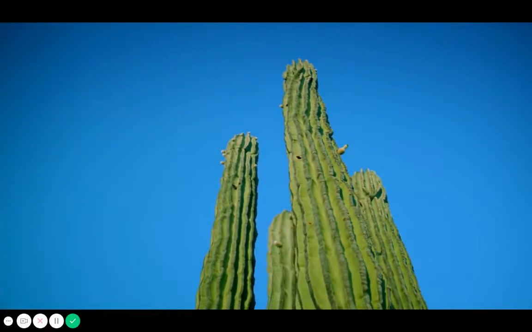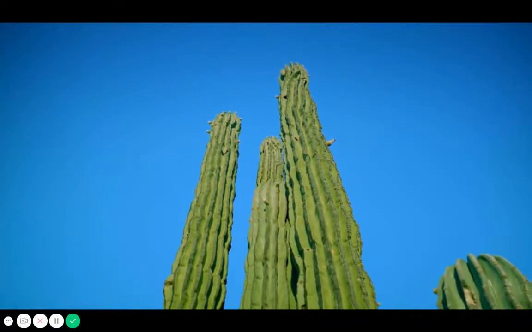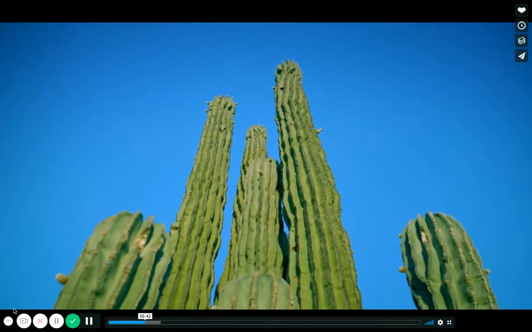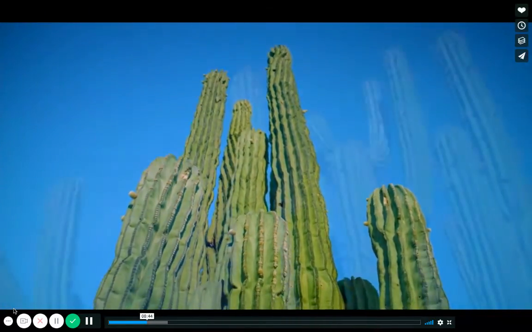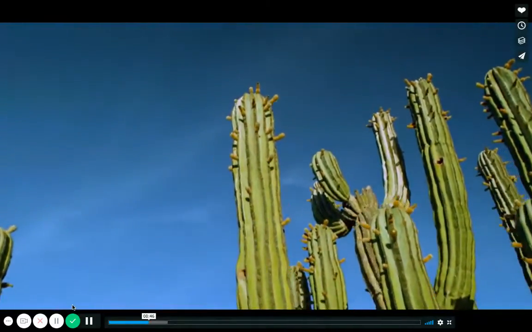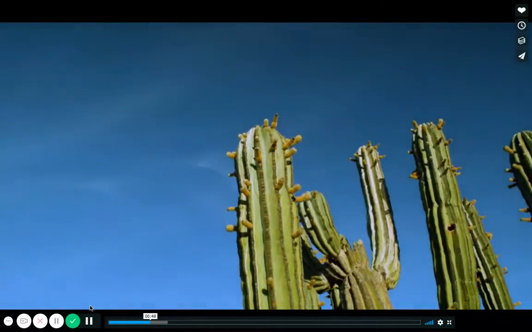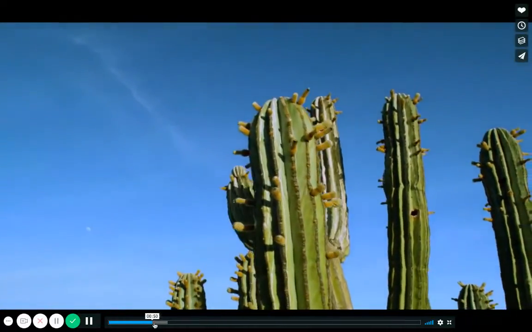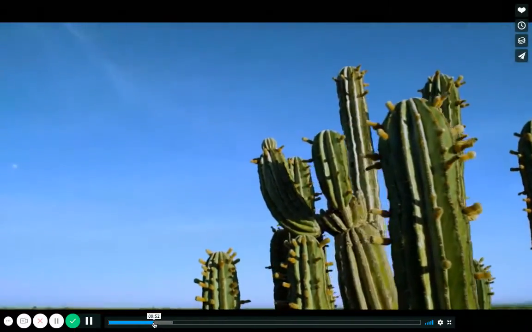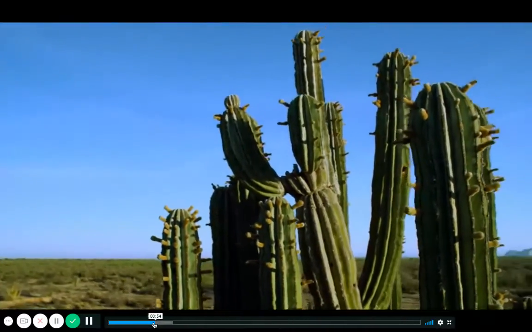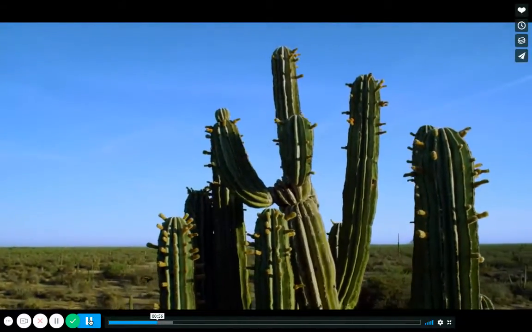We cacti are flowering plants central to life in this arid world. Arid means very dry. Living as long as 150 years, we help feed generation after generation of desert creatures.